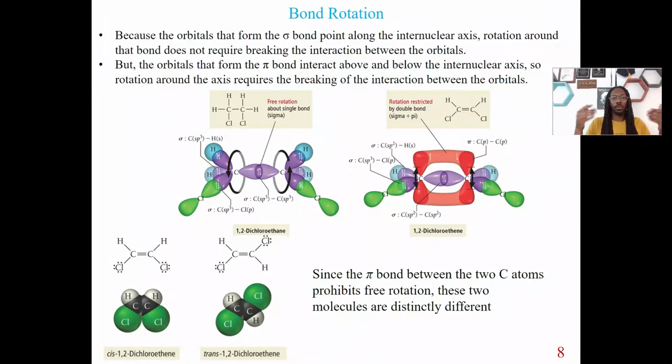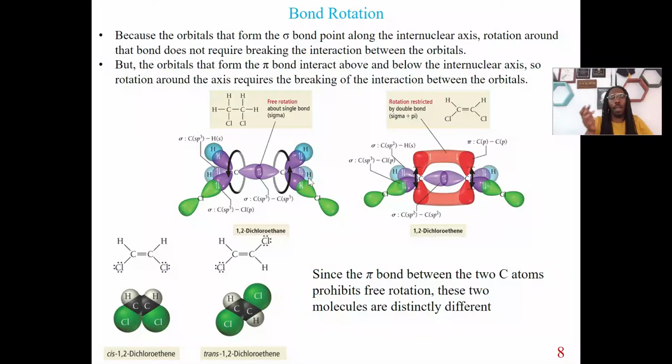So basically, because we have this interlocking, this single bond, the sigma bond, we can have rotation around. We can see rotation, and we see right here the carbon is able to rotate around. So it's free rotation around this single bond.